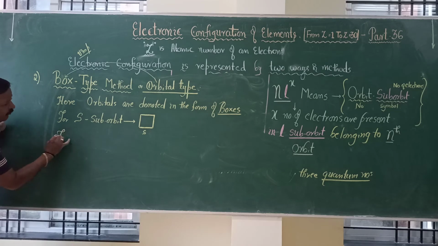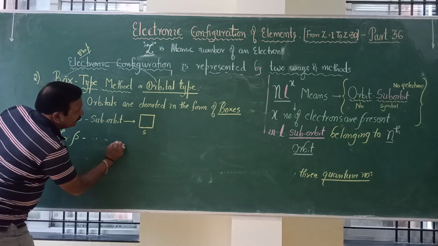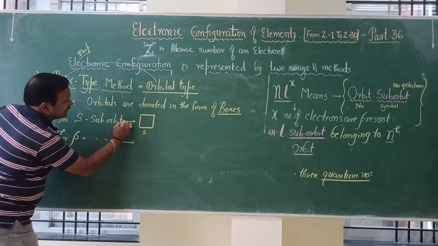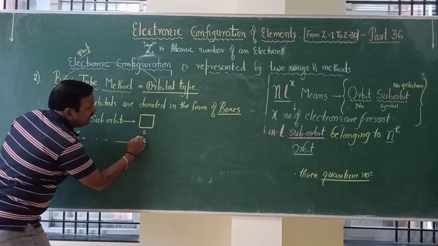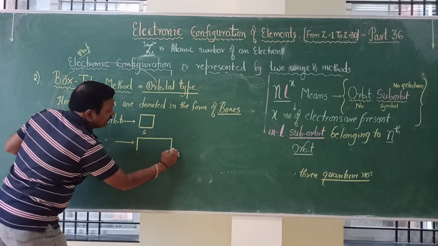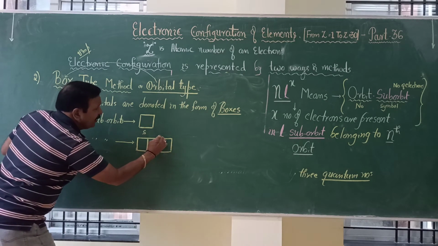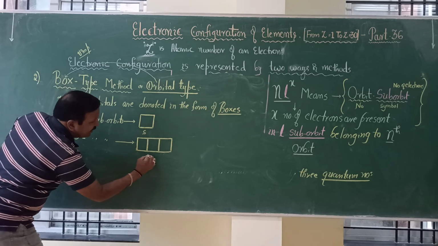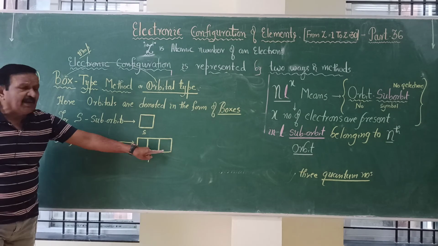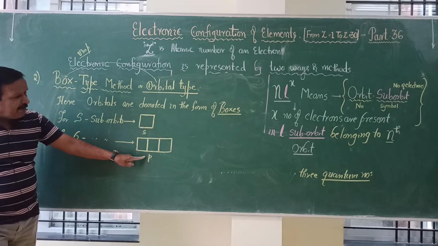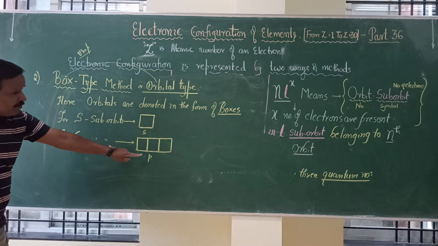Then for p suborbits, we are going to have 3 degenerate orbitals, and hence we write 1, 2, 3. So this is any p orbital. There is no necessity of writing px, py, pz. It may be 2p, 3p, 4p, any p orbital.